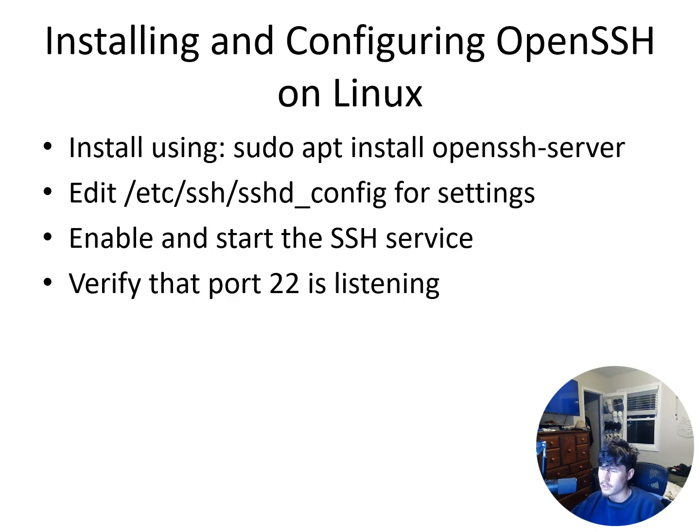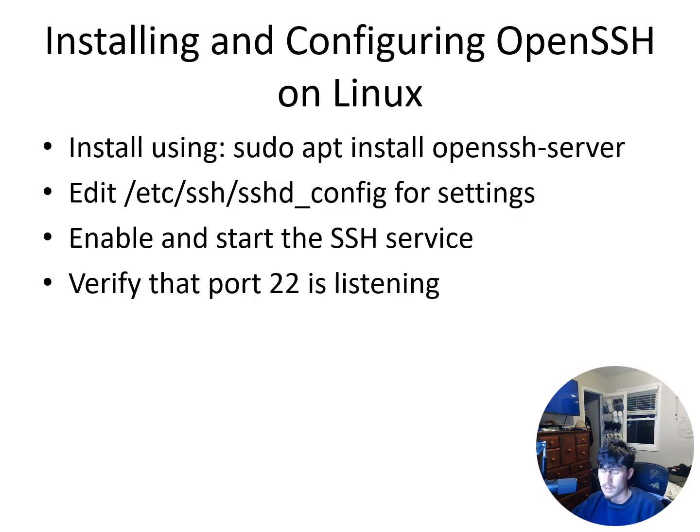Alright, installing and configuring OpenSSH on Linux. To install OpenSSH, you simply run the command sudo apt install openssh-server. After installation, the configuration file is located at /etc/ssh/sshd_config. This file defines security parameters like authentication methods, login banners, and allowed users.